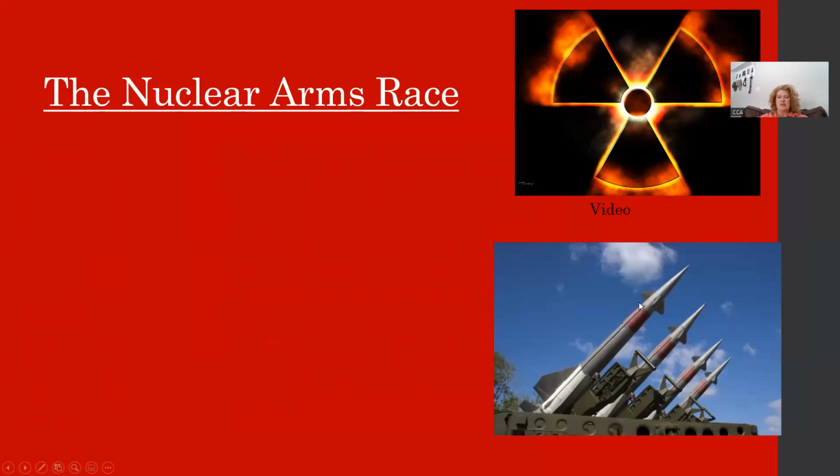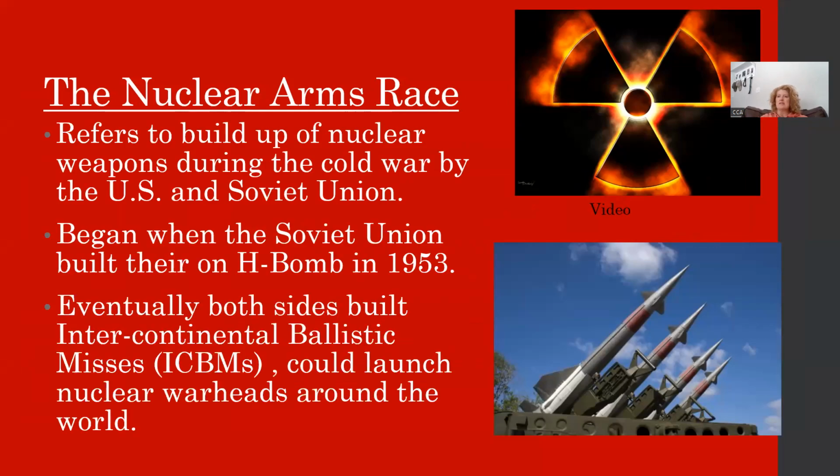So we know that the main point that you think about when you think of the Cold War was the buildup of nuclear arms and the competition between the United States and the Soviet Union. That's why it's called a race. And it was this massive buildup of weapons. So it began when the Soviet Union built their H-bomb in 1953.